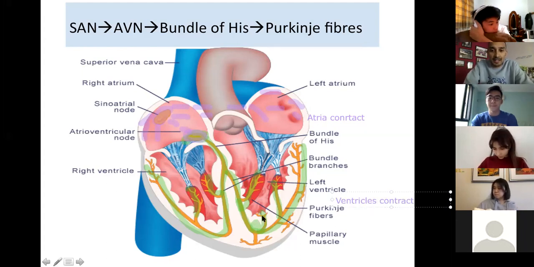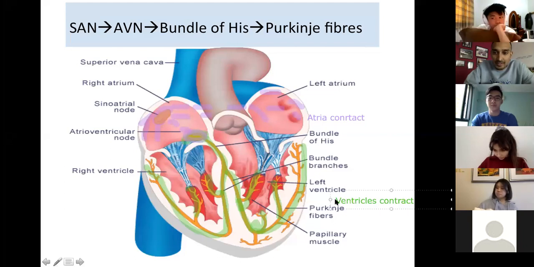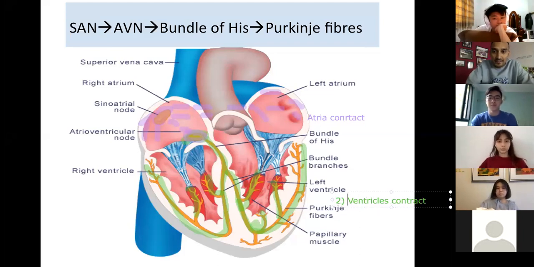will contract after that. So what does this mean? This is like step 2. Step 2 is that ventricles contract.